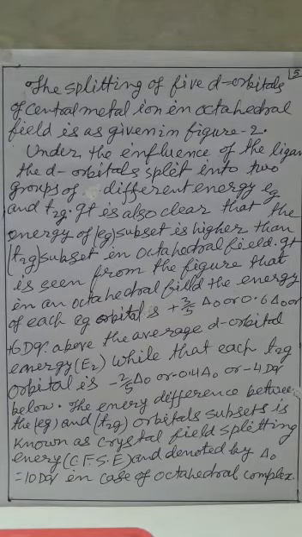The energy difference between the Eg and T2g orbital subsets is known as crystal field splitting energy, CFSE, and denoted by delta O equal to 10 Dq in case of an octahedral complex.